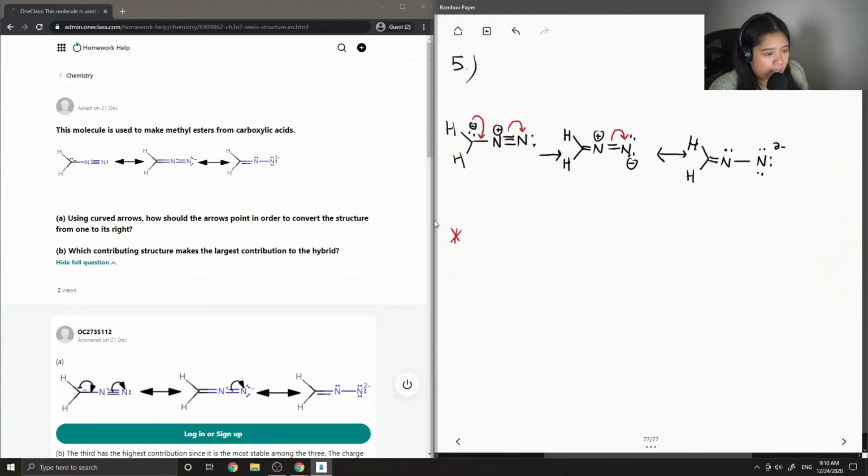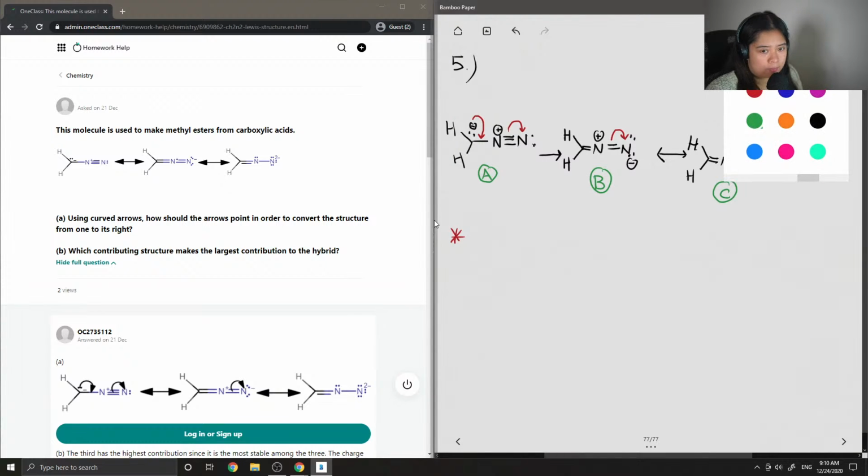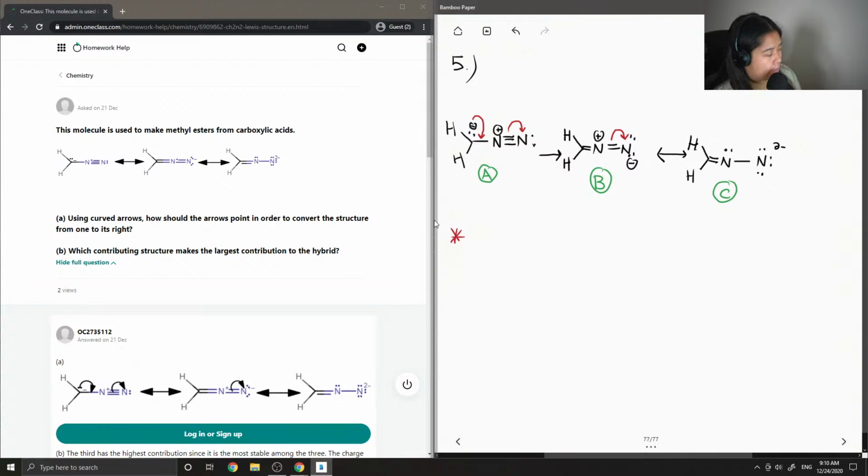And then for the second part of the question, let's label these different structures A, B, and C. Okay, so typically, the more electronegative atom usually contains the negative charge.